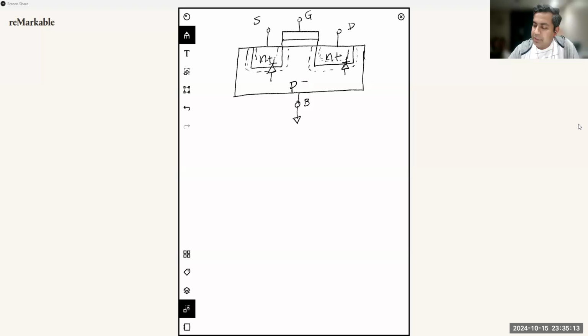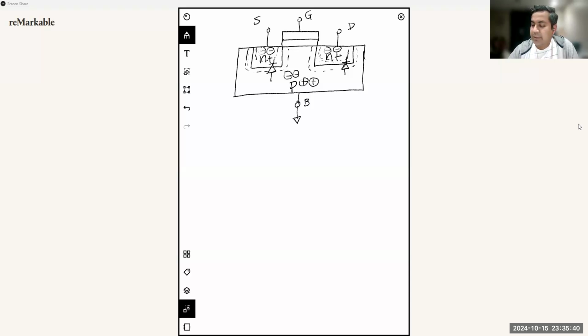And then the p-type region will have hole carriers as the majority carrier, and very few electron carriers, which are the minority carriers. And the N plus regions will have a lot of electron carriers in both source and drain, because that's the result of the doping concentration.